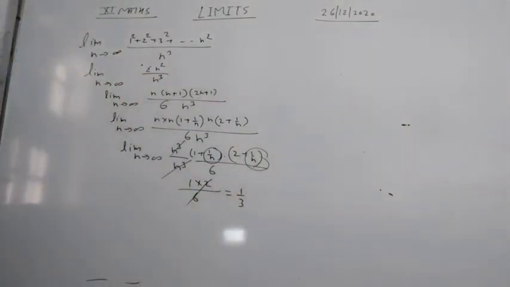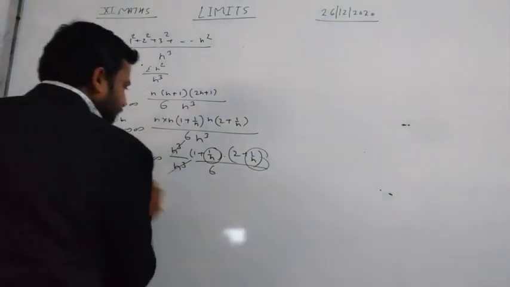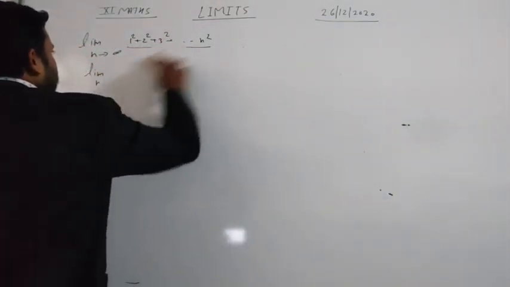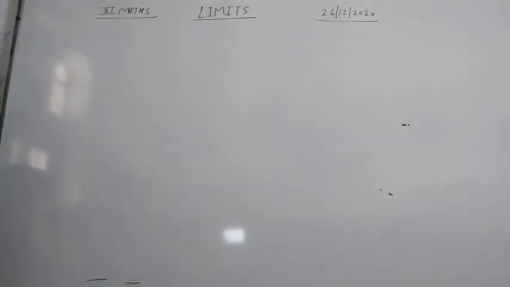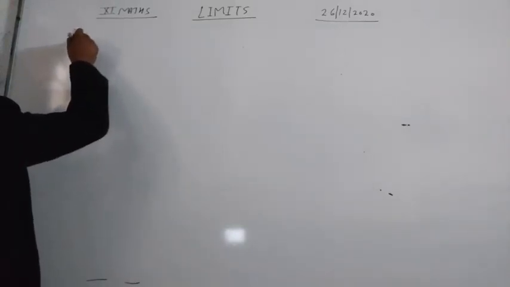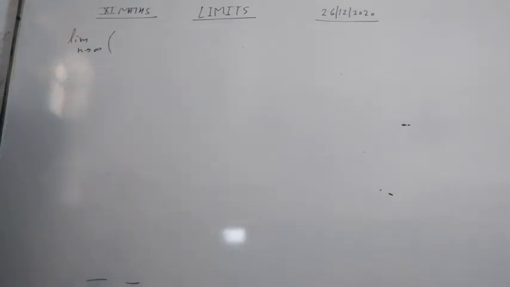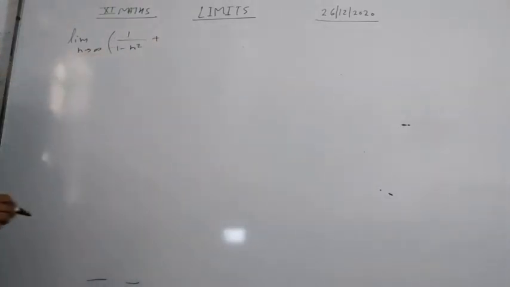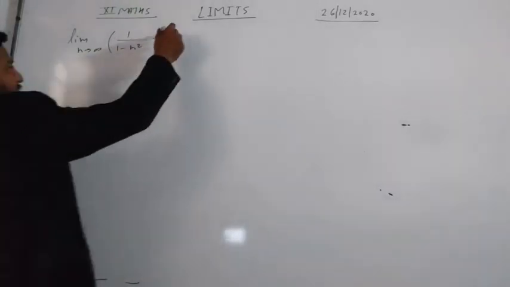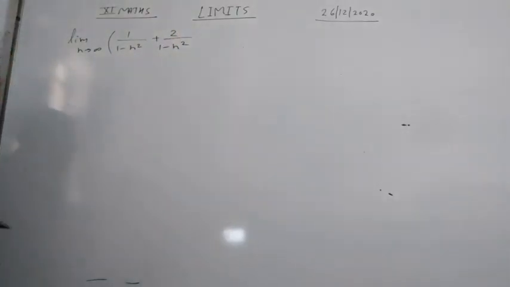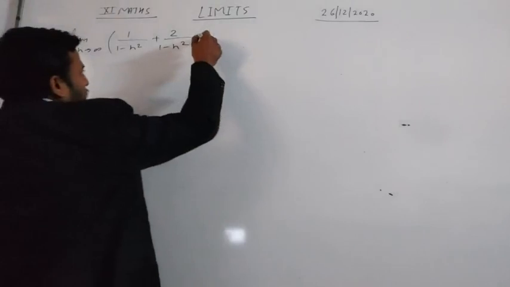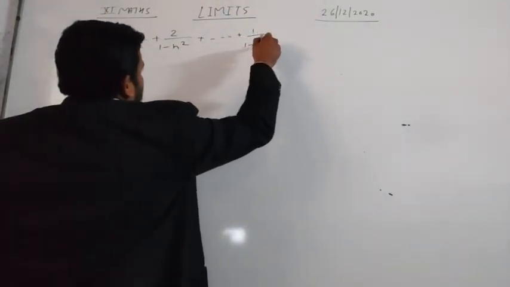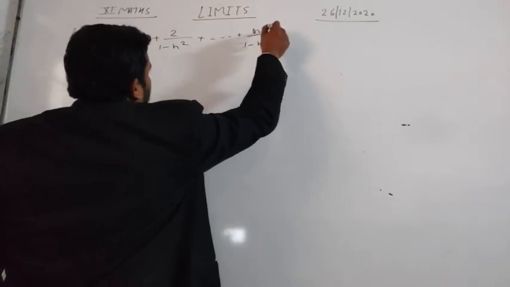Now we take another question. Let's see. Next question is limit n tends to infinity of 1 by (1 minus n square) plus 2 by (1 minus n square) plus dot dot dot plus n by (1 minus n square).